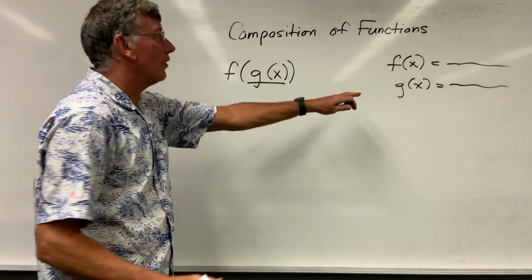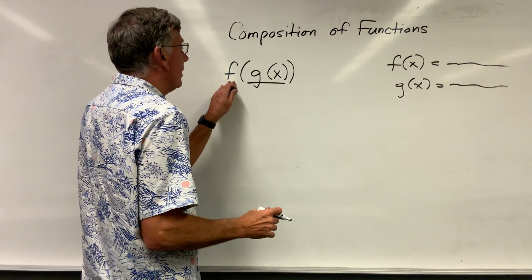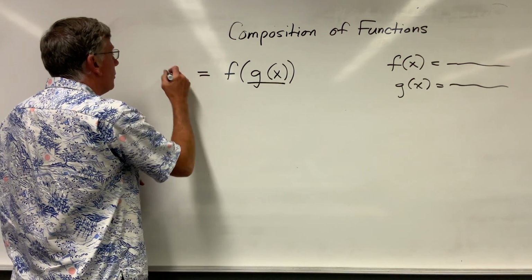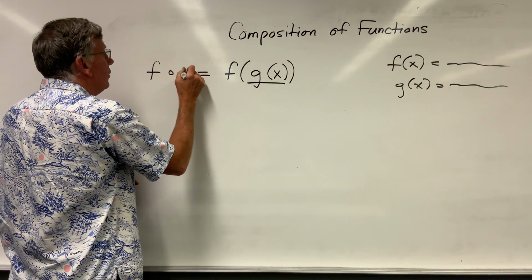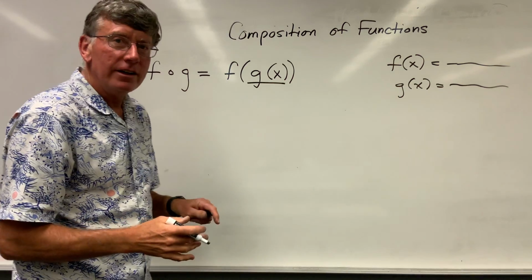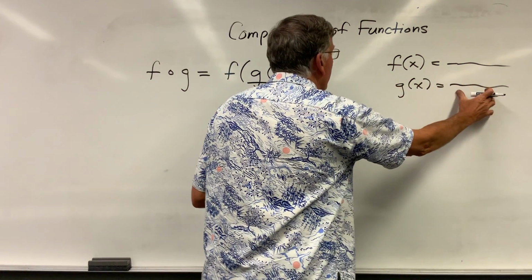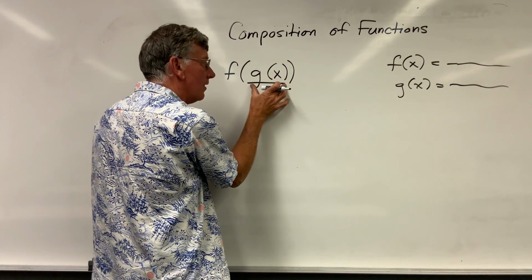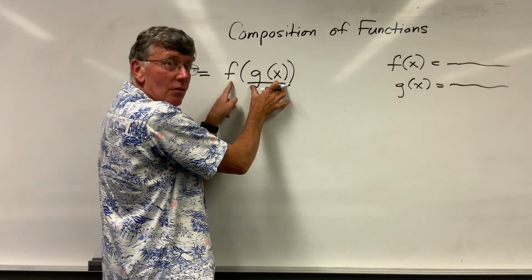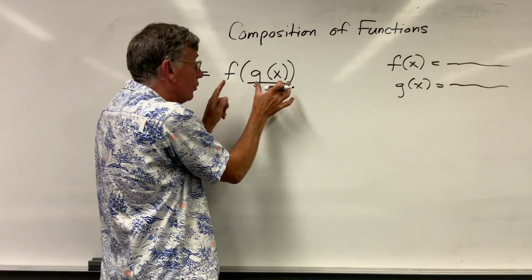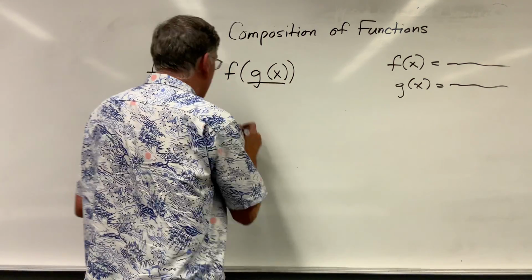Sorry, I didn't define that earlier. And when I talk about f of g of x, which is also written f of g, looks like fog, we are talking about taking this function here and putting it in this slot and then applying whatever f does to that function.